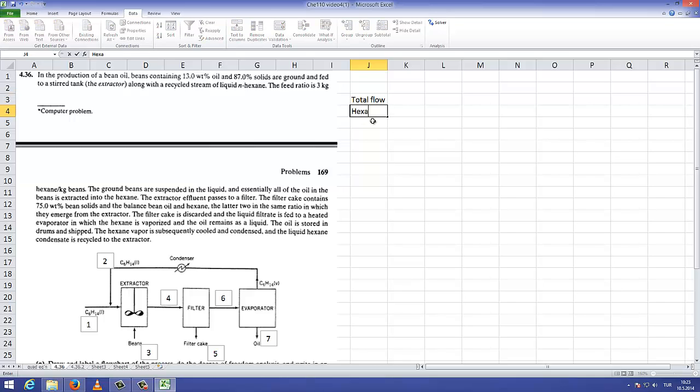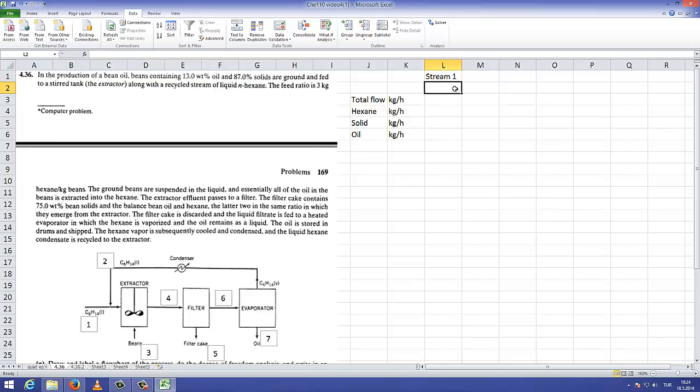Total flow, hexane, solid, oil. These are in kilograms per hour. Let's copy this here. So we are going to have stream 1.